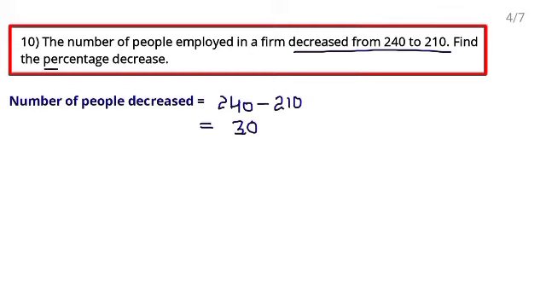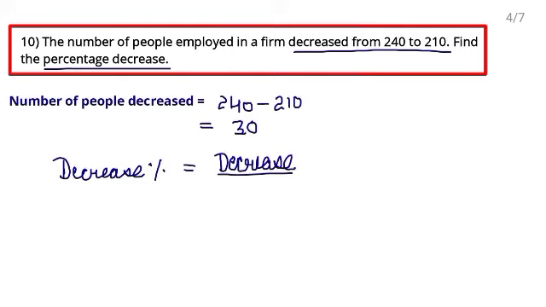They are asking to find the percentage decrease. So the decrease percent formula is: decrease percent is equal to decrease upon the number of employees which were in the starting, multiply by 100.